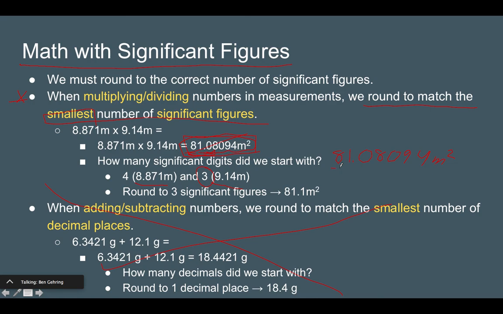So this is my first number, my second number, and this is my third significant digit. Now I'm going to look 1 to the right. My 8, is it going to round my 0 up or down? Because 8 is bigger than 5, it rounds it up, which makes this 0 a 1. So my final answer is going to be 81.1 meters squared, or square meters. And that is how we do significant figures.